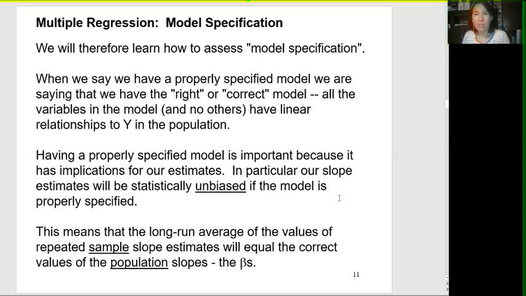So model specification is an important regression assumption. That's why we have to read the literature fully, and you have to find really good and important x variables from the theories for the variance of Y. Okay.